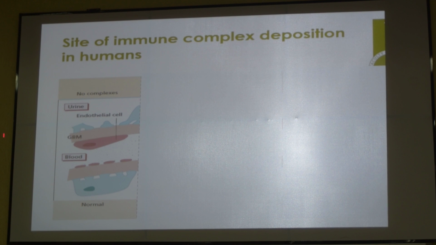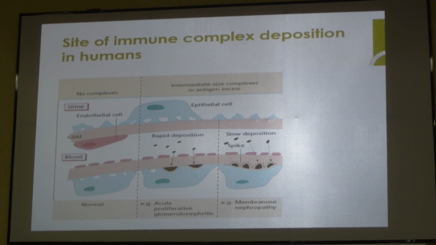Are we all okay with this structure? So if the immune complexes are intermediate or small sized, they are going to cross the first two layers, the endothelium and the basement membrane, and will get deposited here.